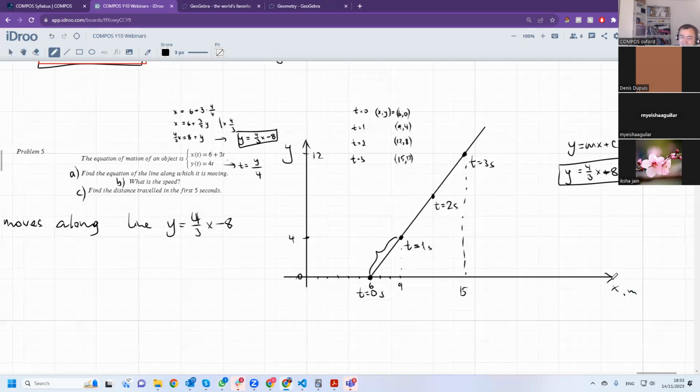This is in meters, and this is in meters. We are on the plane. It's not 3.